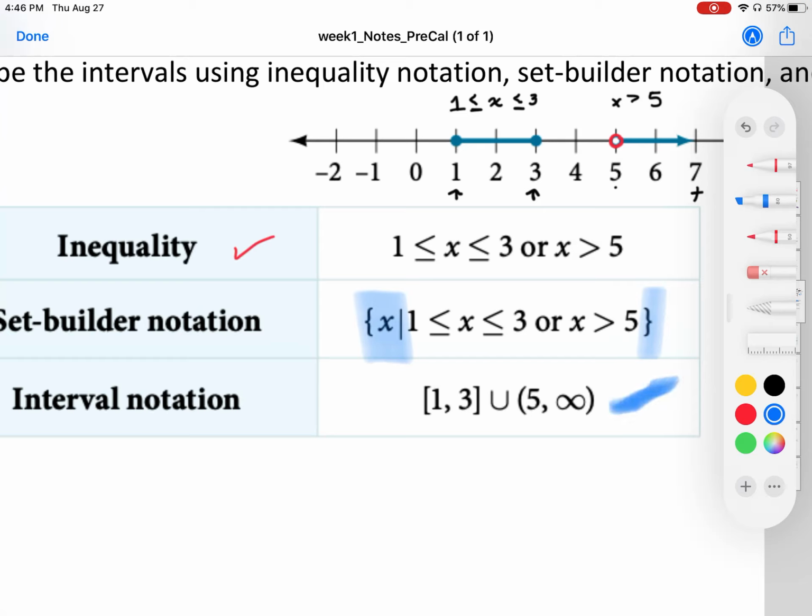That's our interval notation. That U is called a union. That just means that the collection of it is part of our answer. It means everything that's listed is part of our answer. So we can say maybe a collection of.